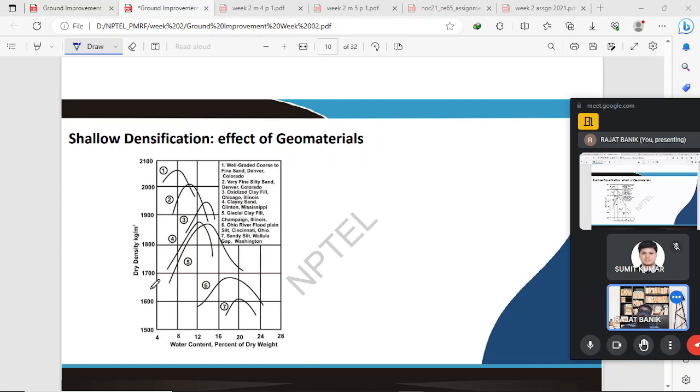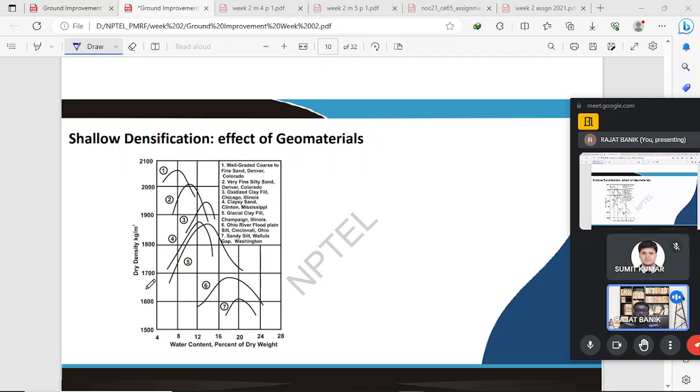But in the case of silty soil, which is highly compressible in nature, the maximum dry density is very low, lower than for any other type of geomaterial, and it also requires a higher optimum moisture content or water content.